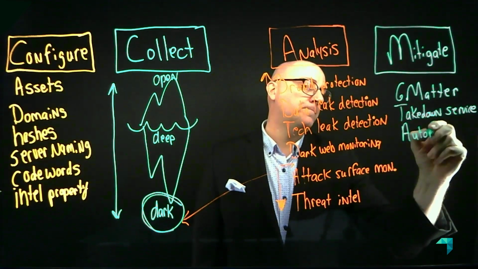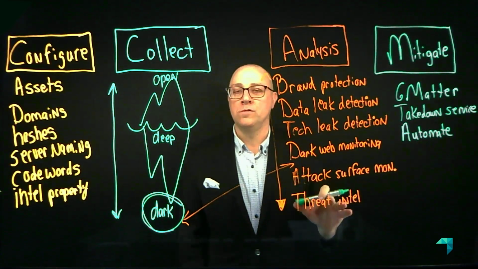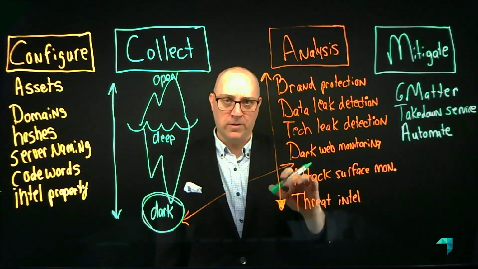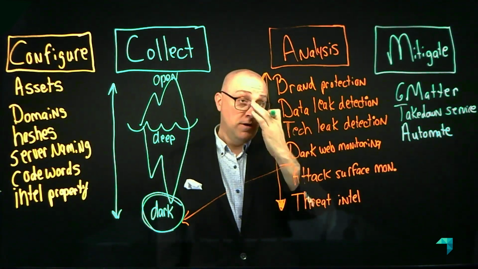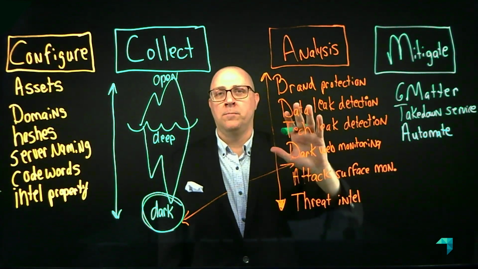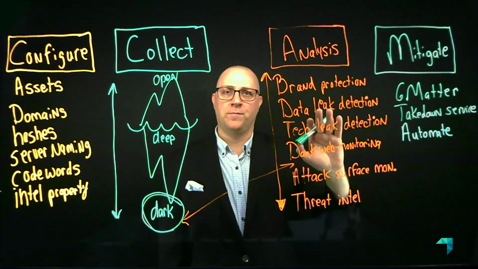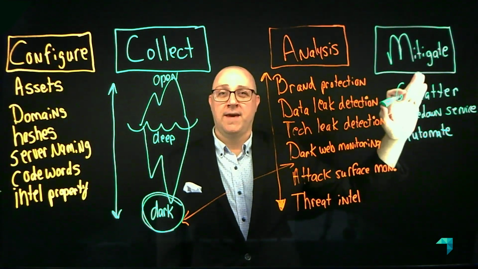Another example that we have would be our automate playbooks. So depending on what tools, security tools you have in your environment and are deployed, you'll be able to take actions. So an example here, and actually I build on the brand protection one, you have a phishing domain that you've identified as trying to steal credentials from your employees. Well, one, you use the takedown service to request that get taken down.